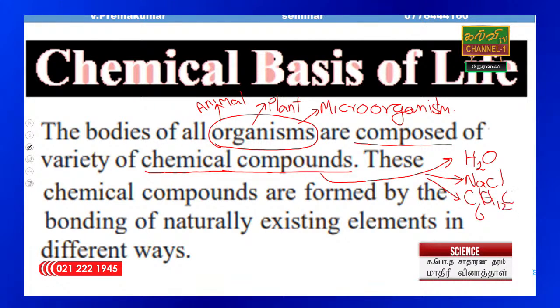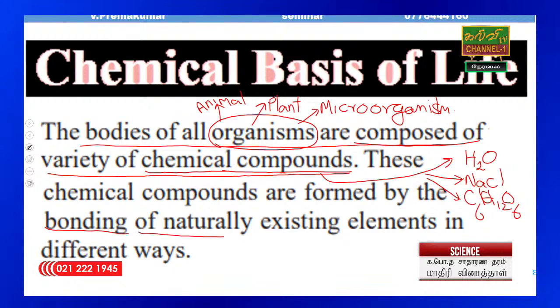Therefore, the bodies of all organisms are composed of a variety of chemical compounds. These compounds are formed by the bonding of naturally existing elements in different ways.